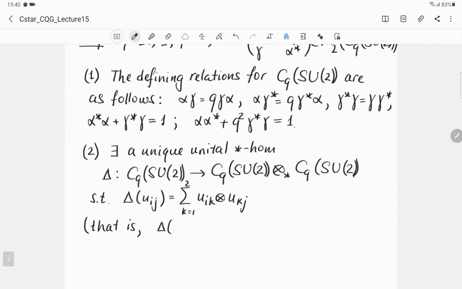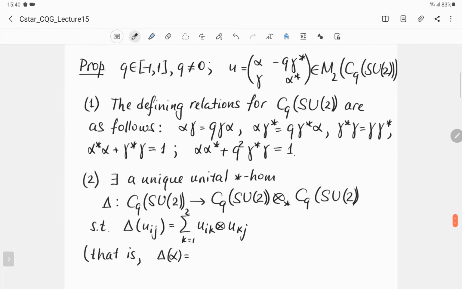Delta of alpha is alpha tensor alpha minus q gamma star tensor gamma.